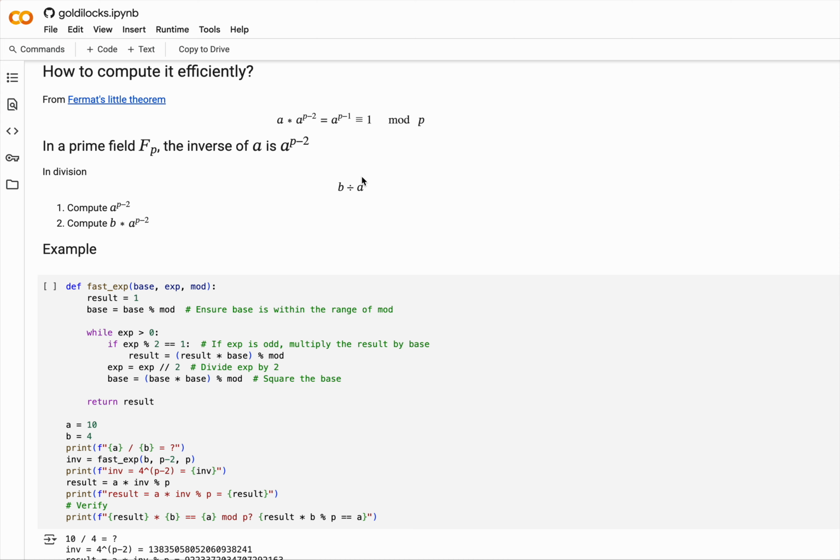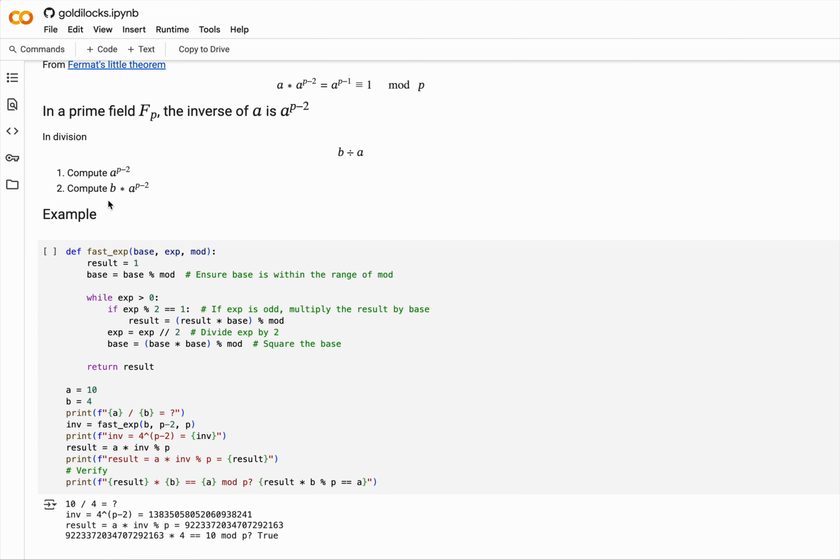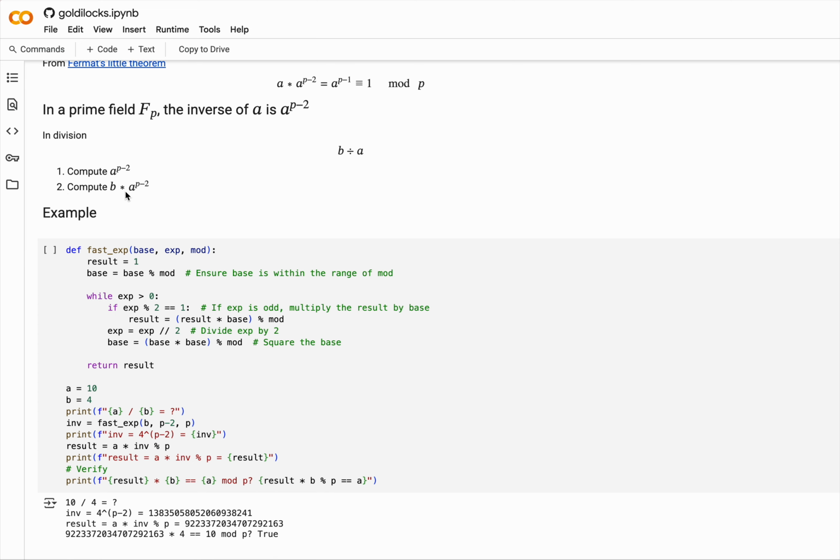So in division, b divided by a, firstly we compute the inverse of a, which equals a to the p minus 2. And secondly, we compute b times the inverse of a.